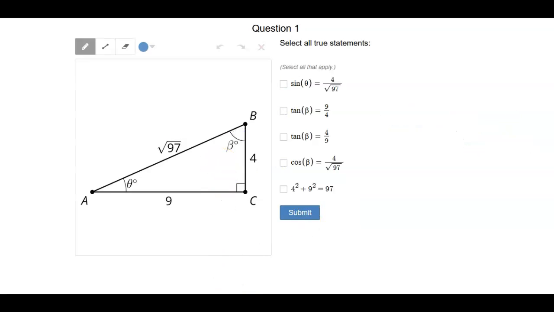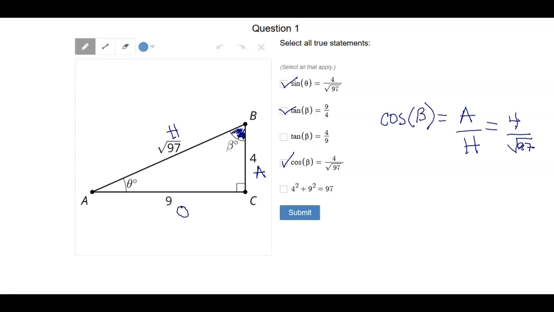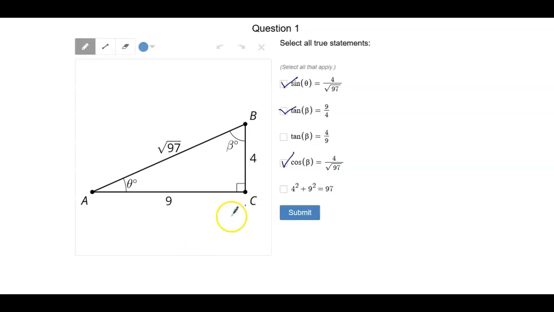The last one that we have up here is 4 squared plus 9 squared is equal to 97. So we know that this is a right triangle because it has the 90-degree angle marked. And we know that a squared plus b squared is equal to c squared.